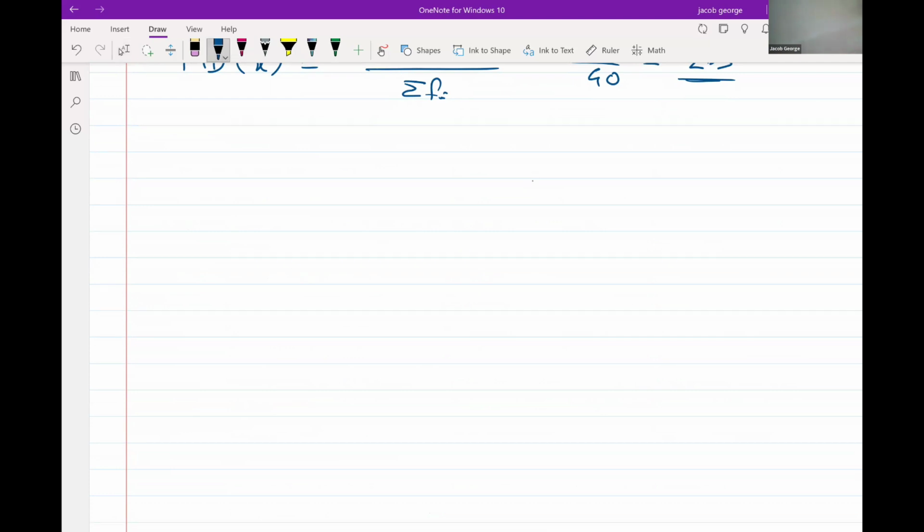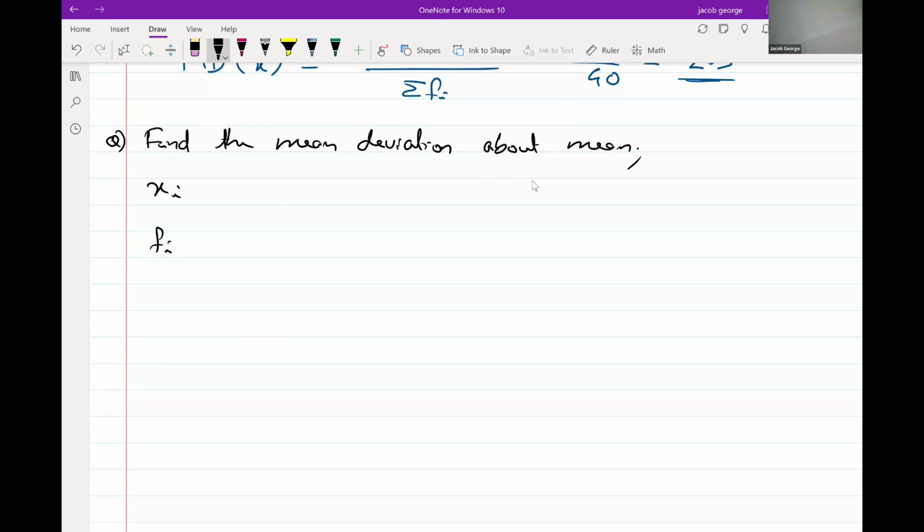Xi: 5, 10, 15, 20, 25. Fi: 7, 4, 6, 3, 5.